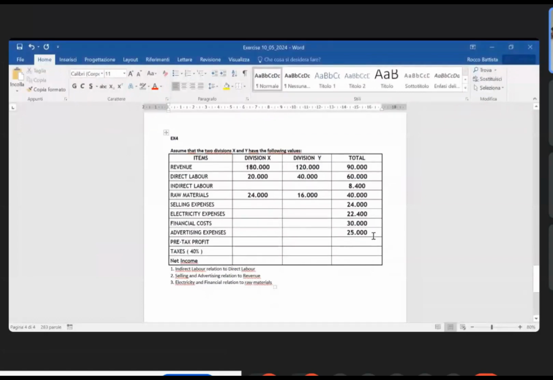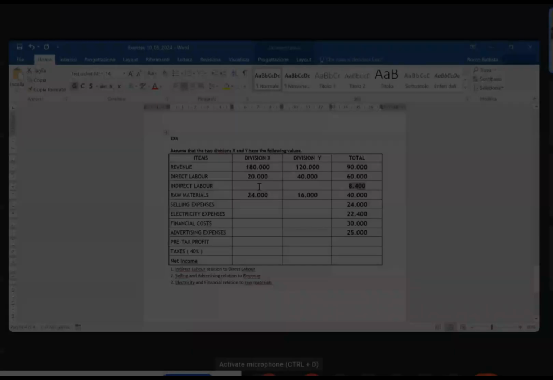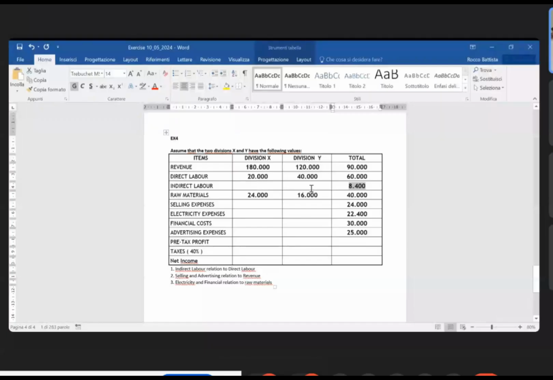Let's do the last exercise. In this case, we have to split the amount that we have in total between division X and division Y. All the information you need to split the amount is what you find here.